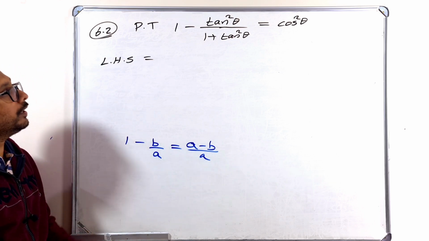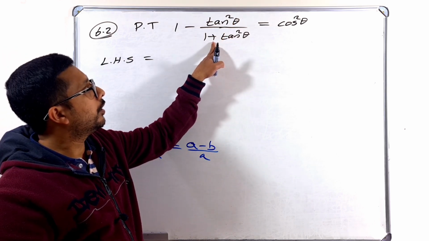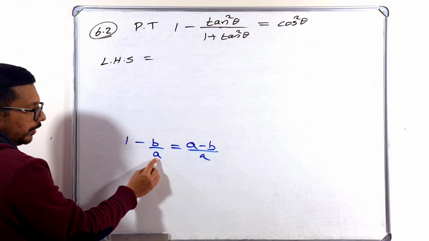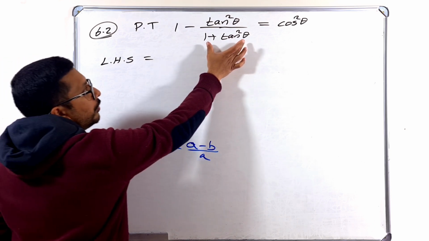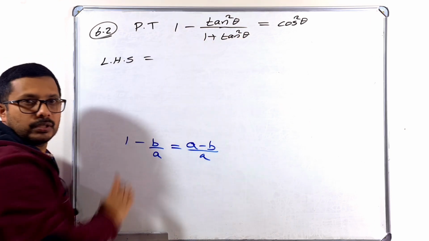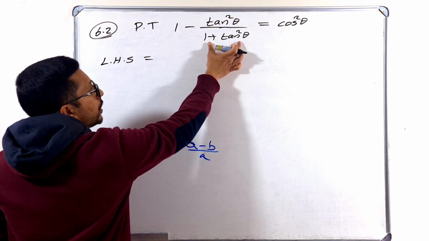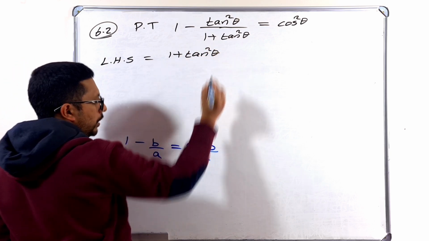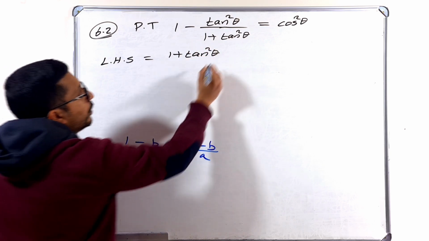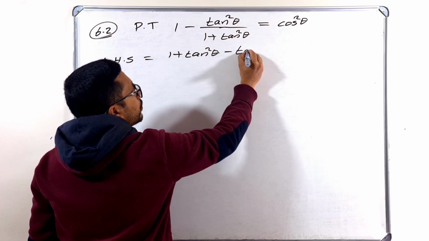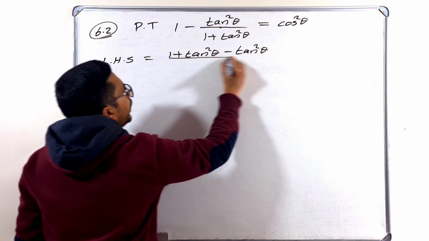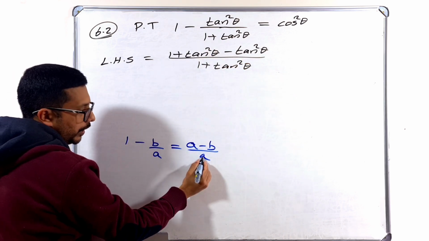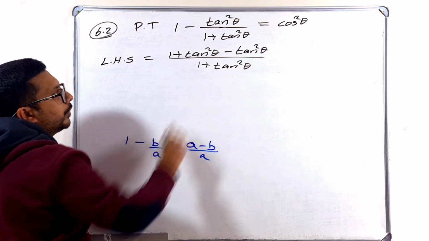Similarly, 1 minus tan square theta divided by 1 plus tan square theta, I'm going to find the LCD here. So here what we did, a times 1, here we want to do 1 plus tan square theta times 1, which is 1 plus tan square theta, then minus b, which is tan square theta, all divided by 1 plus tan square theta.